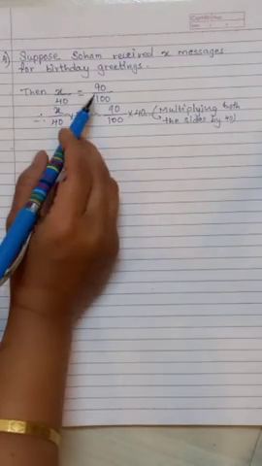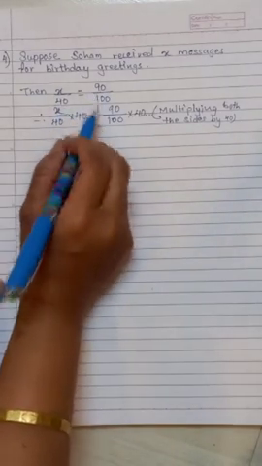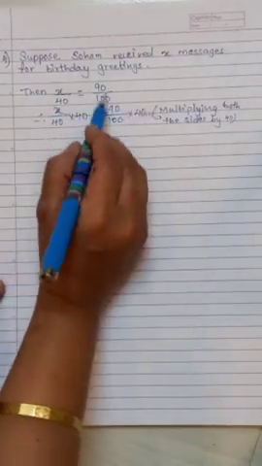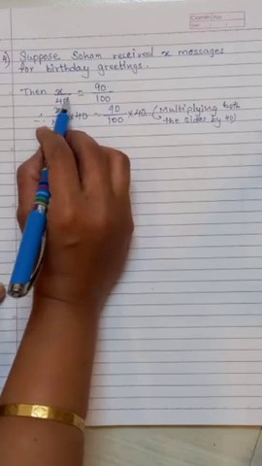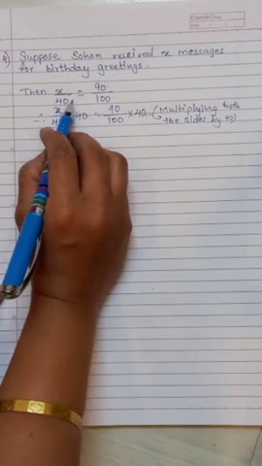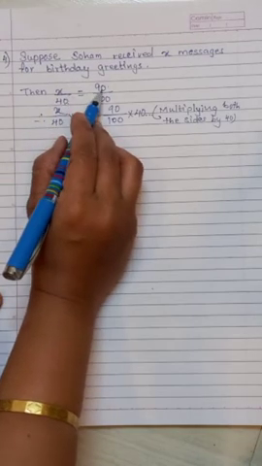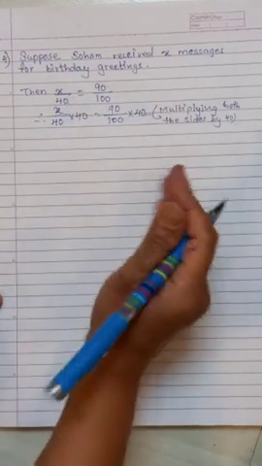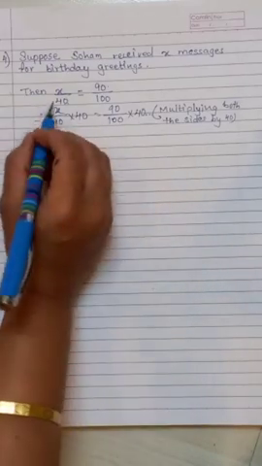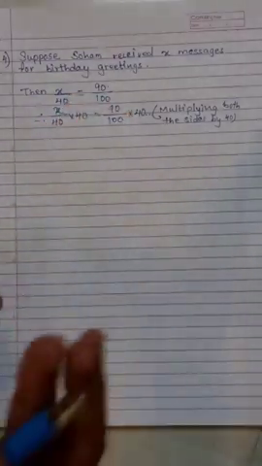Okay, so here children, see, 90% are the total messages. Total messages were 40. Out of it, 90% were birthday greetings, and the remaining were other messages.